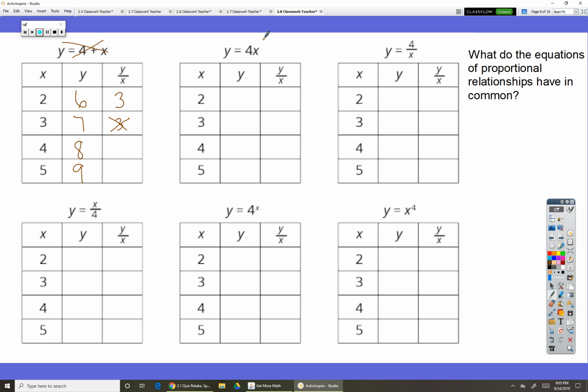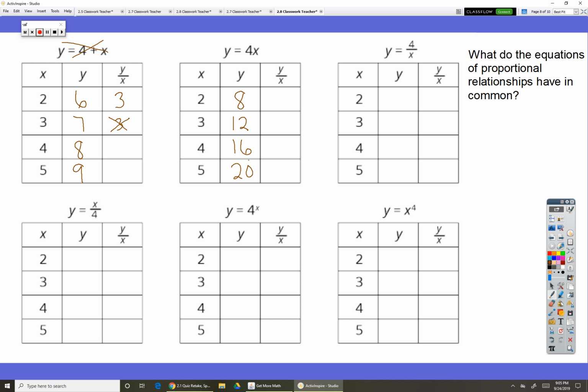Y equals 4x. So when x is 2, we can do 4 times 2, y would be 8. When x is 3, 4 times 3 is 12. When x is 4, 4 times 4 is 16. And when x is 5, 4 times 5 is 20.